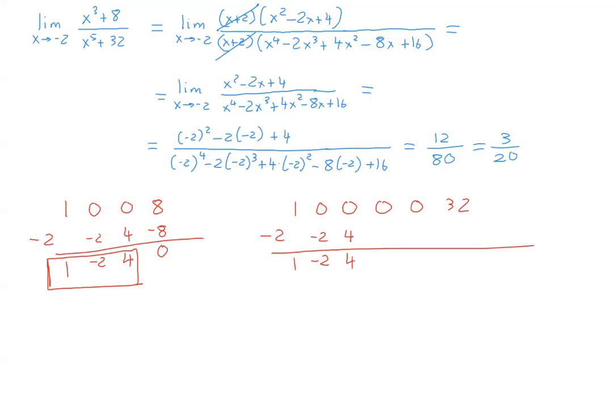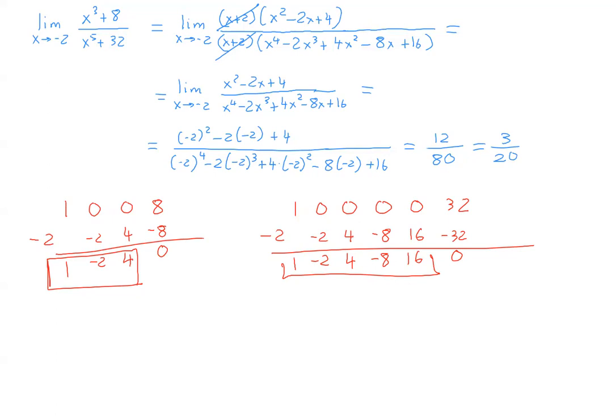Negative 2 times 4 is negative 8. We add it. Negative 2 times negative 8 is 16. We add it. Negative 2 times 16 is negative 32. Here's our fail-safe, and we get these numbers, which are exactly the numbers that we used on the top, on the bottom. Okay, so our example is complete.